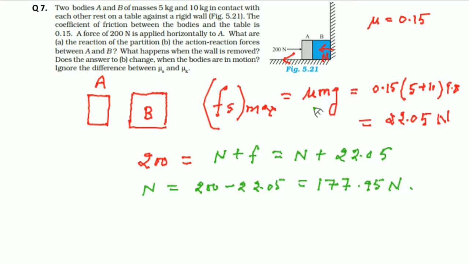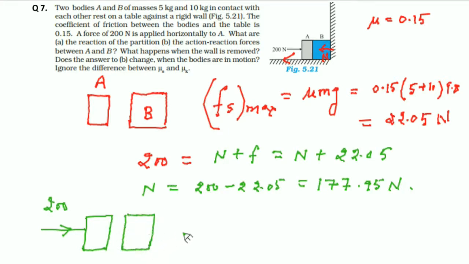But the question is, what is the reaction of the partition? Let's find the partition. Just draw the free body diagram. Here is the force acting, that is 200 Newton, capital F, and B is here.